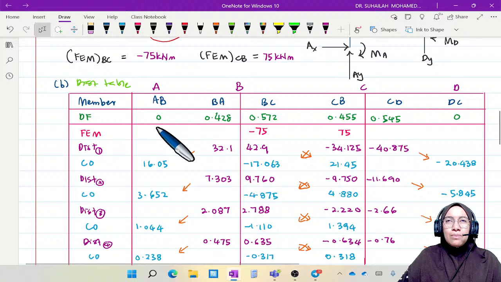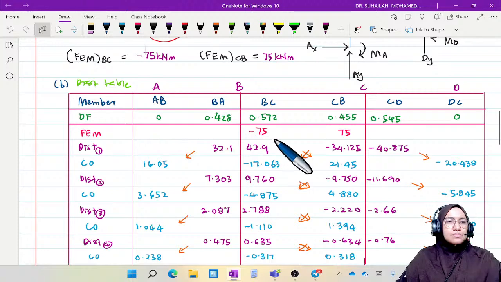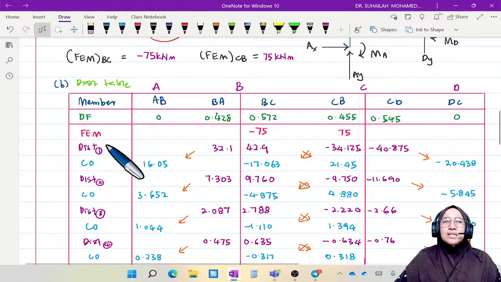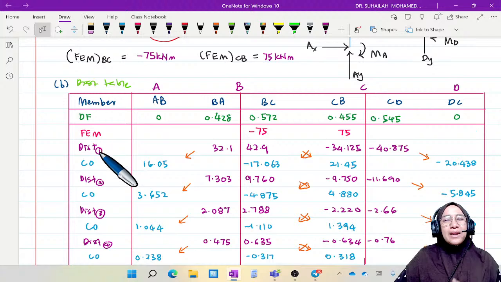So we get negative 75 and 75. By putting in this FEM, the next step is distribution. The first must be in the table, after FEM we start with distribution, we end at distribution.